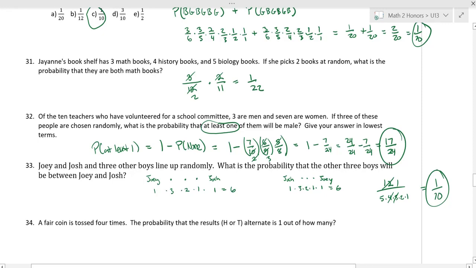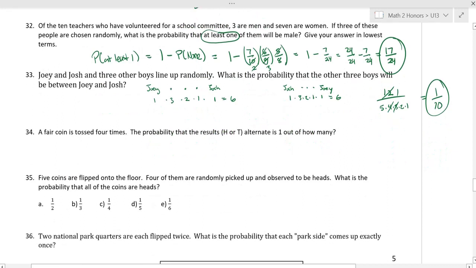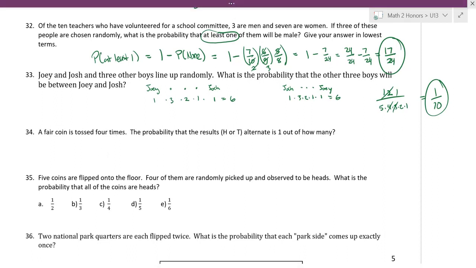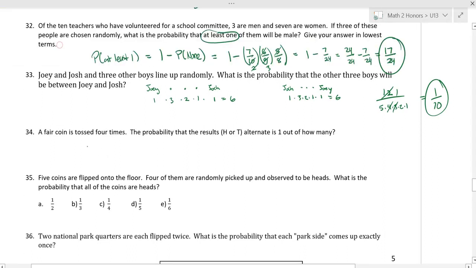Number 34, a fair coin is tossed 4 times. The probability that the results alternate is 1 out of how many? Consider here, 1 when we start with heads, and 1 when we start with tails. So that's the probability of getting heads, tails in that sequence, or getting tails, heads in that sequence.